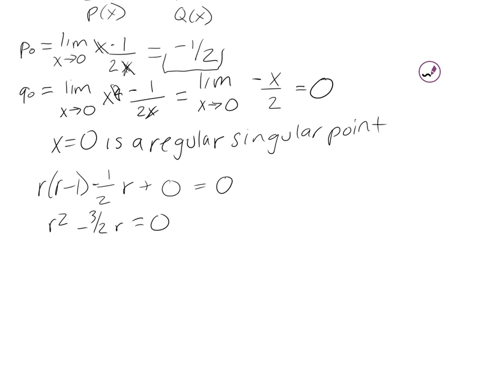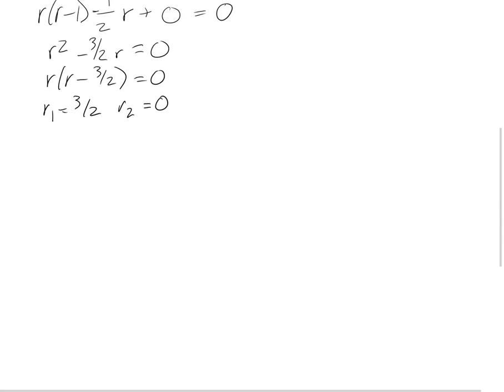Then if we factor out an r, we get r times r minus 3/2 equals 0. So r1 is equal to 3/2 and r2 is equal to 0. Now that we have those values, we'll come back to them.